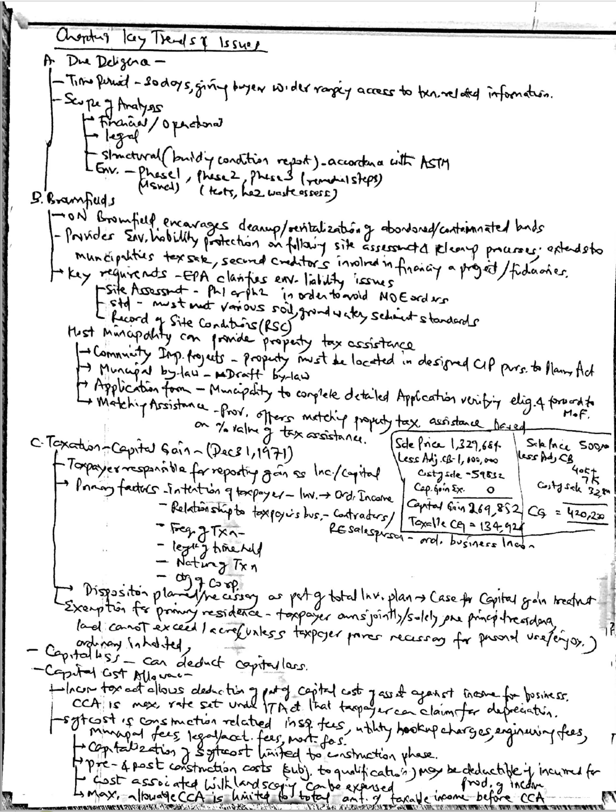The land upon which the housing unit sits cannot exceed one acre, and any excess is not considered to be part of the principal residence unless the taxpayer can prove it necessary for personal use and enjoyment. The unit must be ordinarily inhabited in the year. The unit must be designated as the taxpayer's principal residence for the year. Professional advice should be sought in regard to capital gain issues.